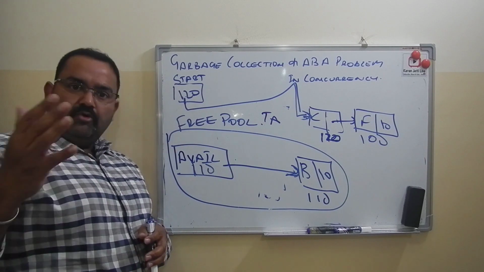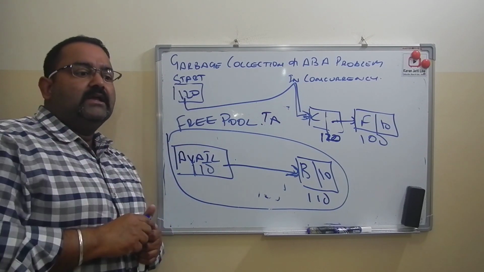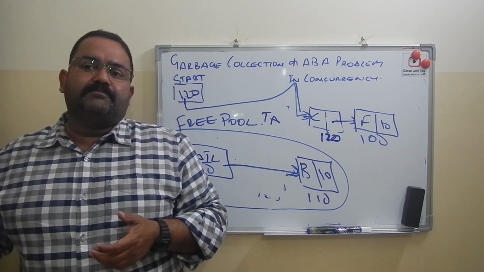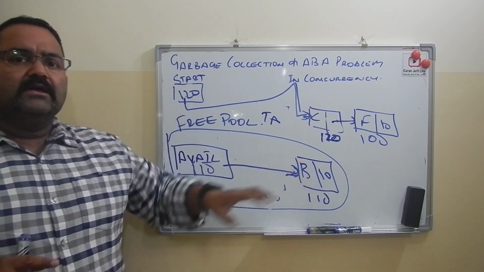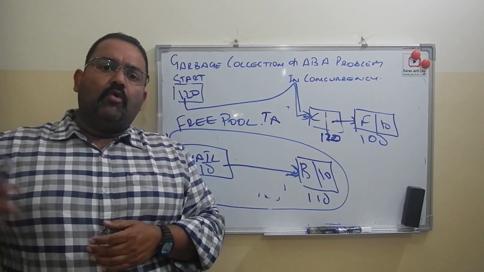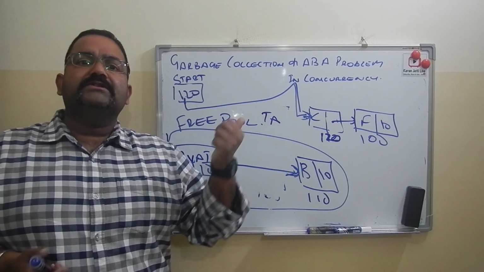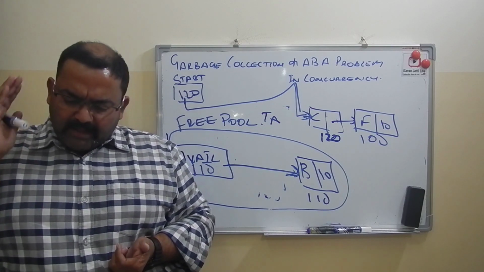Now guys, I hope I made it clear. So what two points did we discuss? We discussed garbage collection. What is garbage collection? It is the process of collecting all the free nodes and putting them together in a free pool. Older programming languages used to do garbage collection because their compilers did not have any support for it.